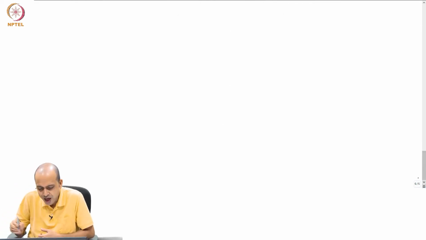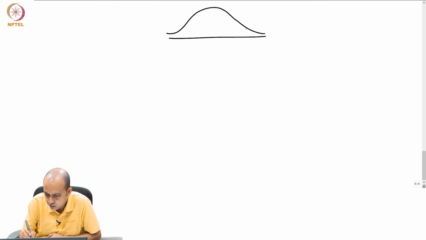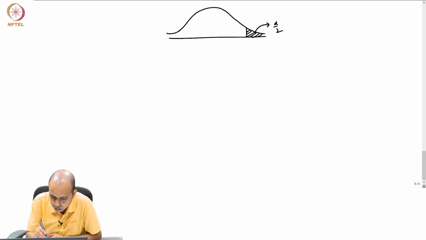So, what is happening in terms of the diagram, once again, let us say that this is alpha by 2, this is also alpha by 2.